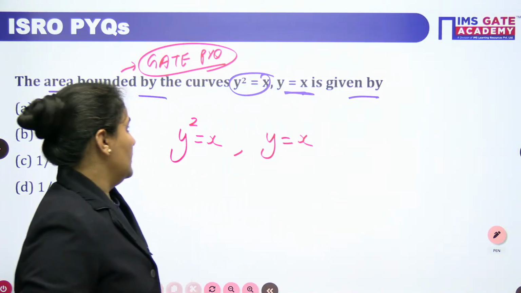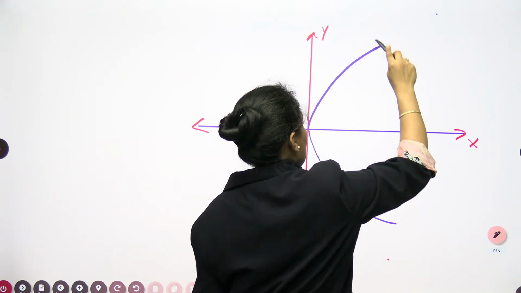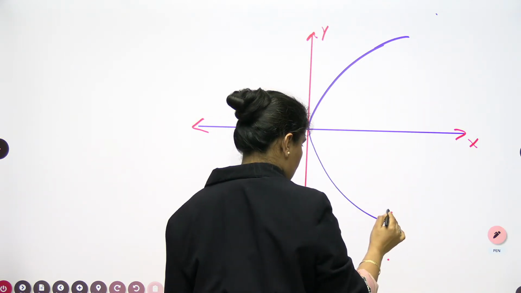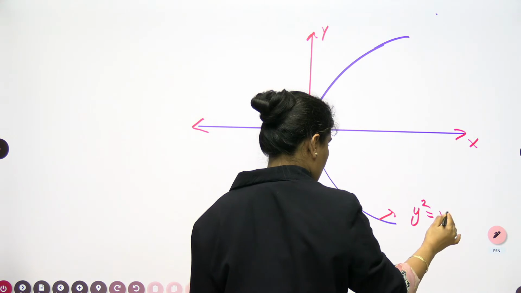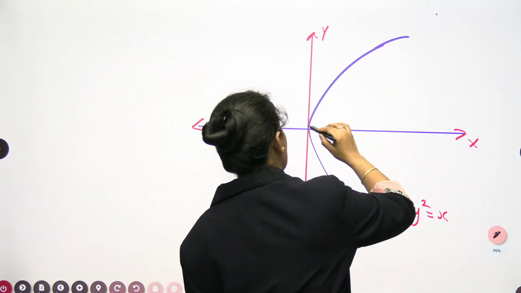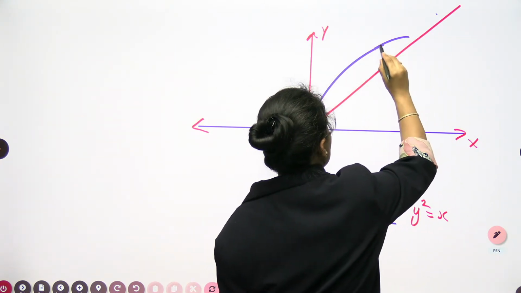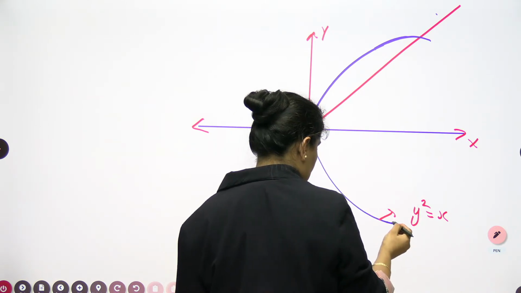Now let me write down here the equation y square is equal to x, parabola, and the second is y is equal to x. So y is equal to x is a straight line, which we can make like this. So this parabola will cut like this.